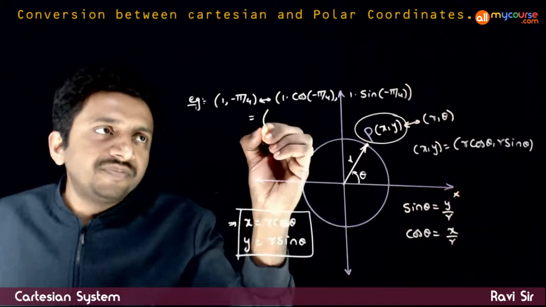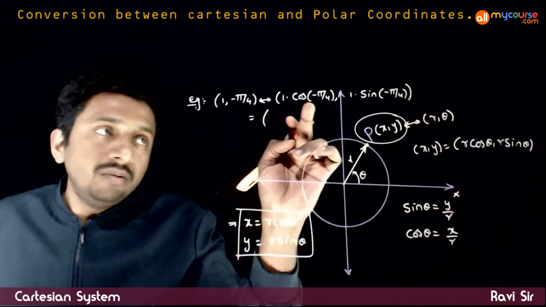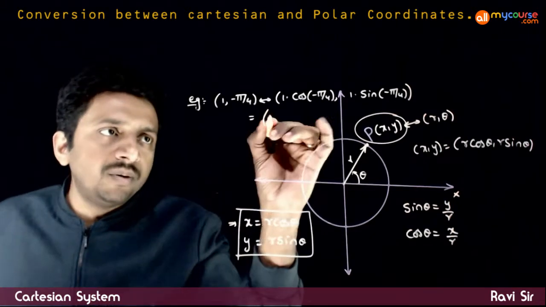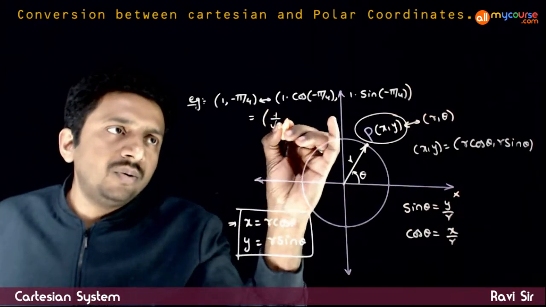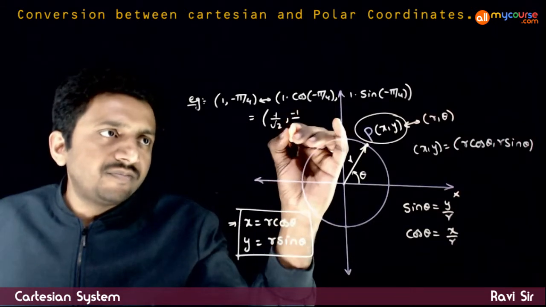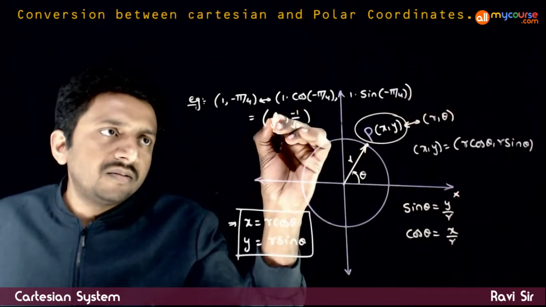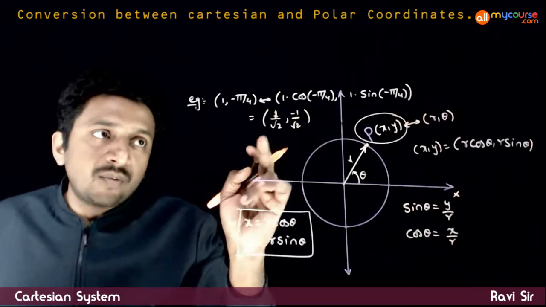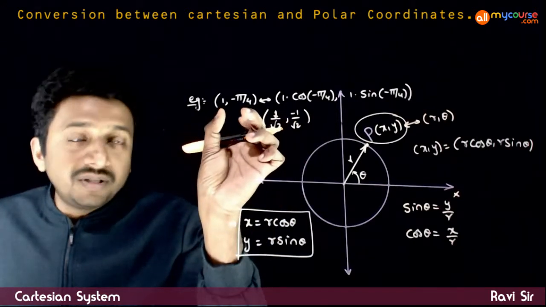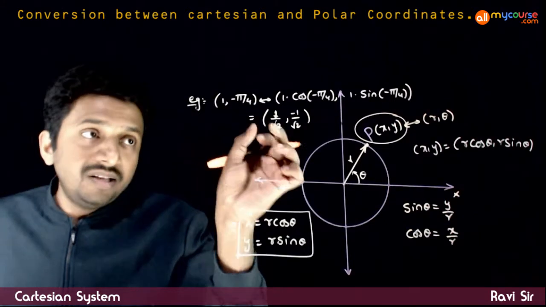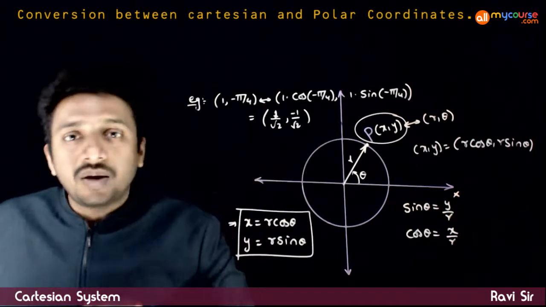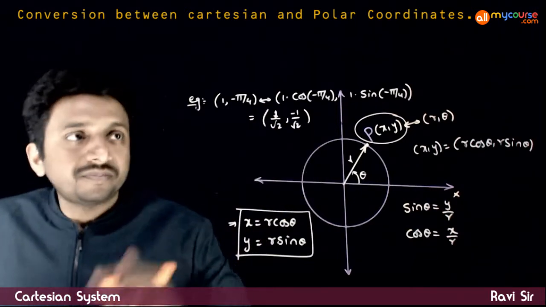That is equal to 1 into cos minus pi by 4, which is cos pi by 4, 1 by root 2. So 1 by root 2 comma sine minus pi by 4 is minus 1 by root 2. So the coordinates are 1 by root 2 comma minus 1 by root 2. So 1 comma minus pi by 4 is the polar coordinate corresponding to the point. The Cartesian coordinates corresponding to the same point are 1 by root 2 comma minus 1 by root 2.